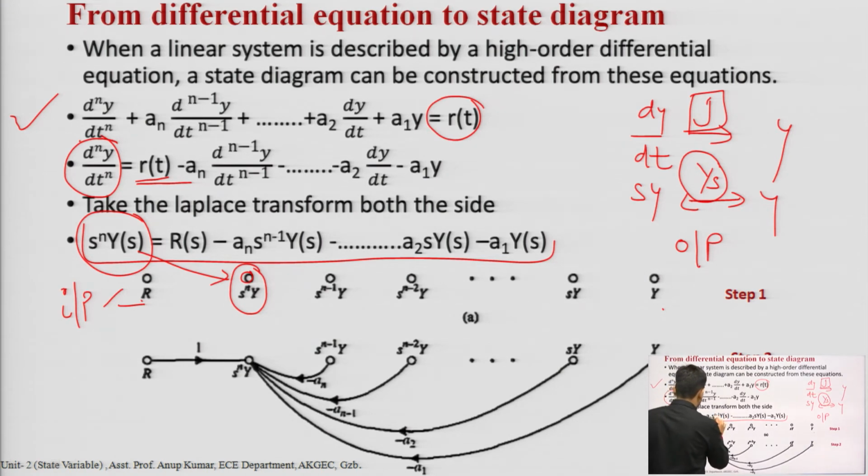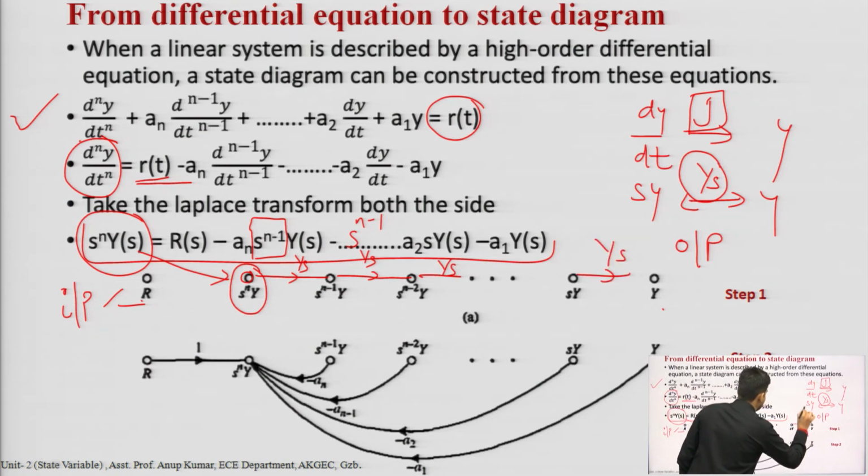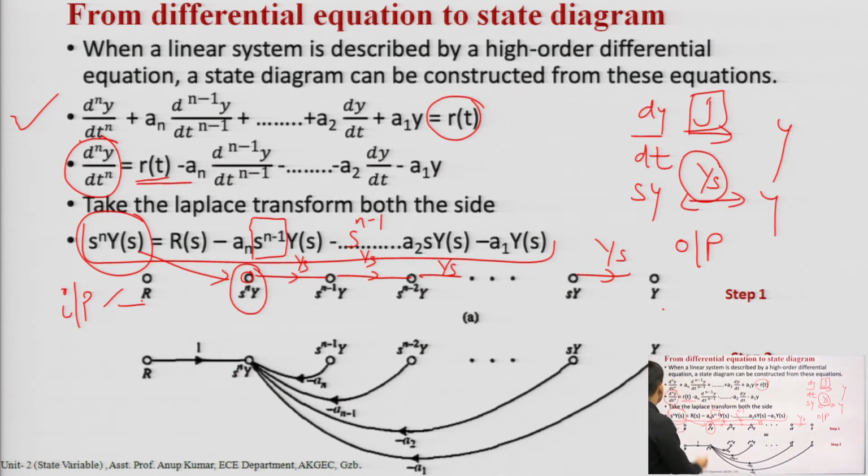Now, if I have to obtain s^(n-1), I will add an integrator, 1 over s. If I have to go to s^(n-2), I will add another integrator. It means in each and every step I will keep adding an integrator in this way. The number of integrators is equal to the highest order, that is n, so n integrators I have to use.